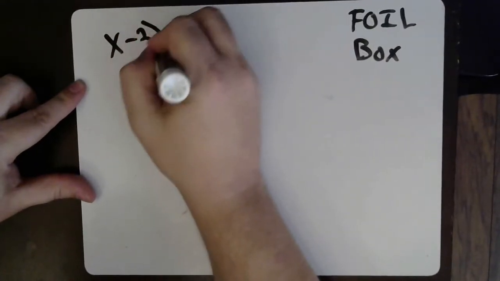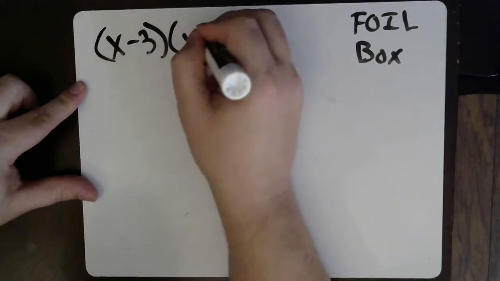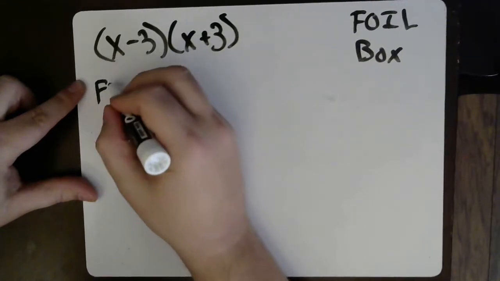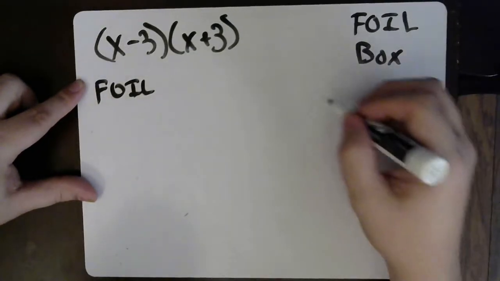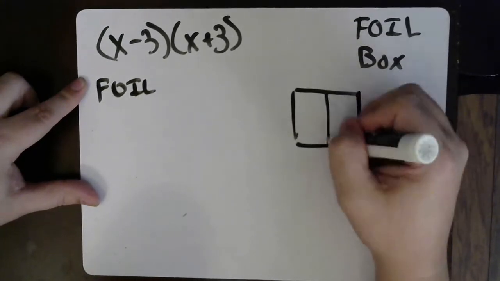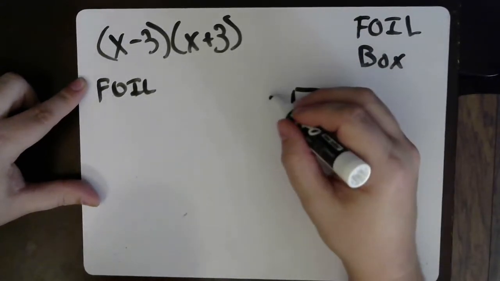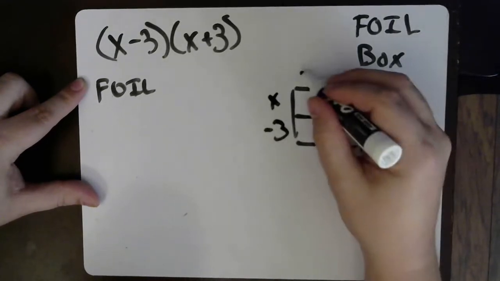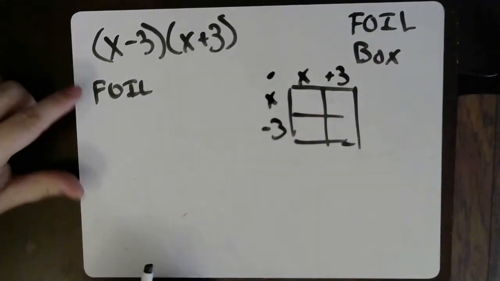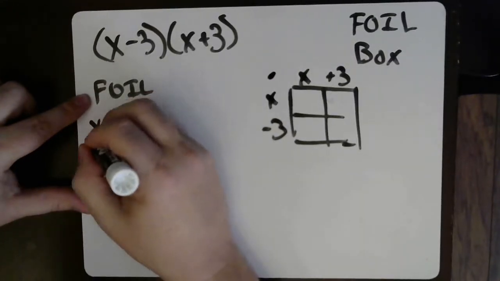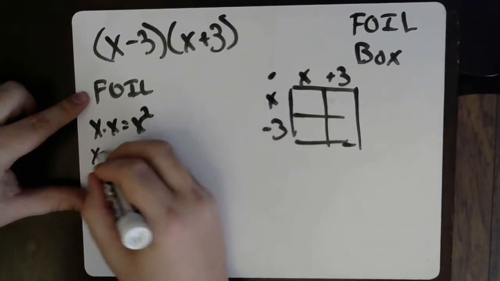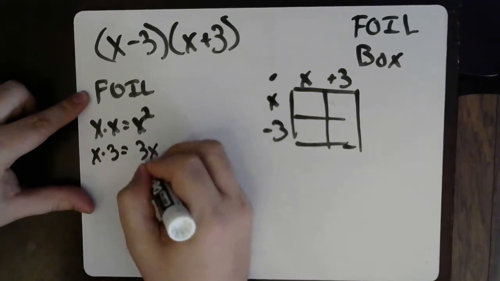Now I want to choose a special case. I'll do FOIL over here, and then I'll do the box over here. So x minus 3 and x plus 3. You don't need that plus there, I just like to. First: x times x is equal to x squared. Outside: x times 3 is equal to 3x.